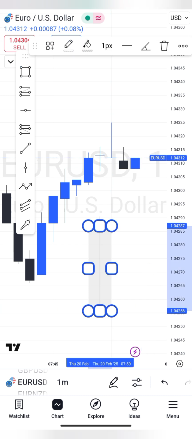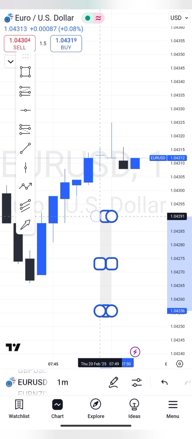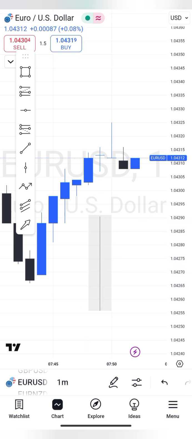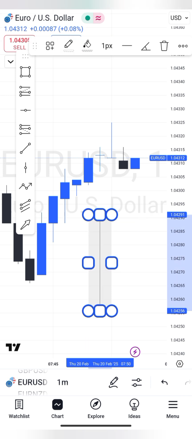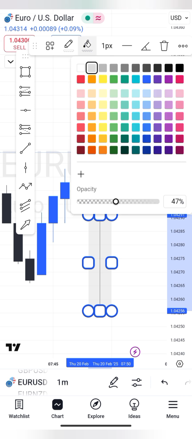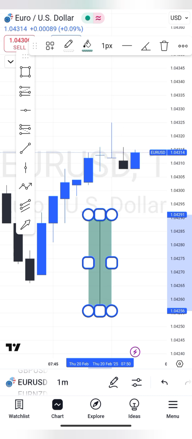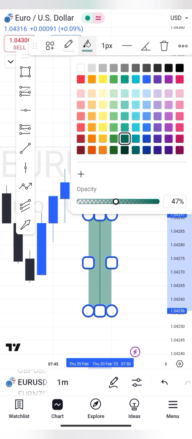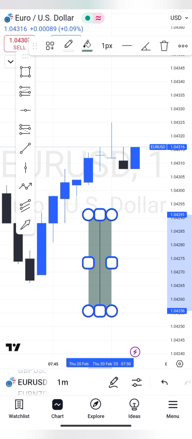Let me use this. I say it's green. And it's dark green. So I now see what's inside. And it's green.